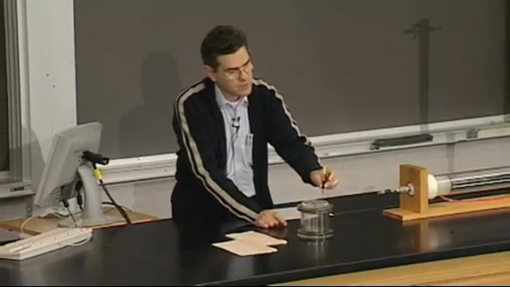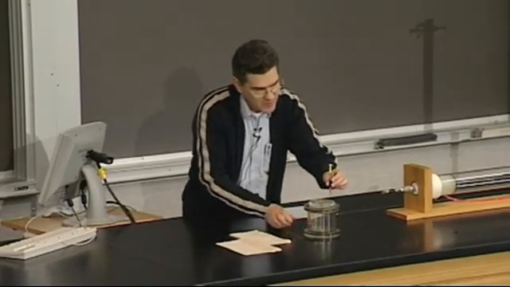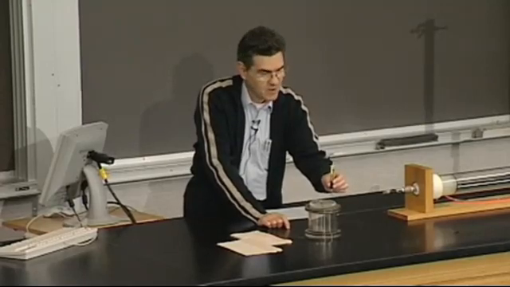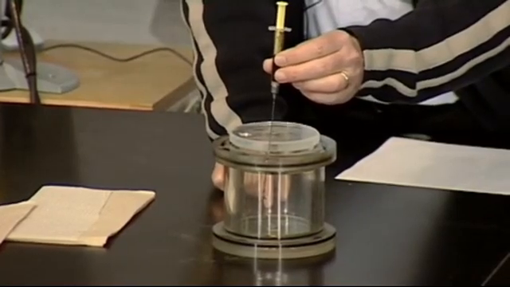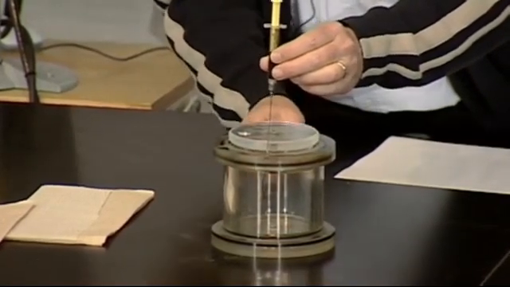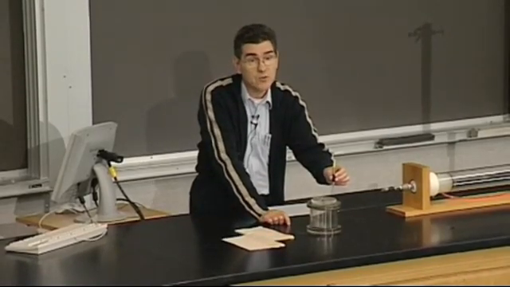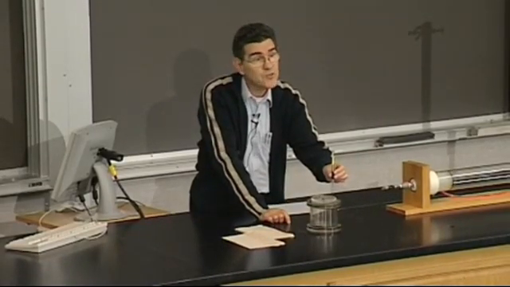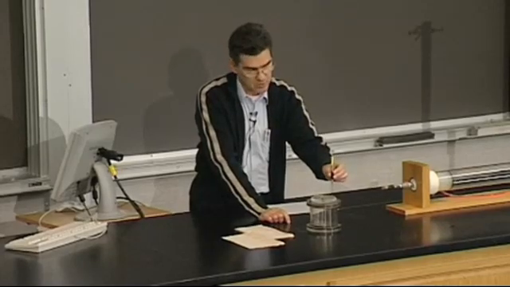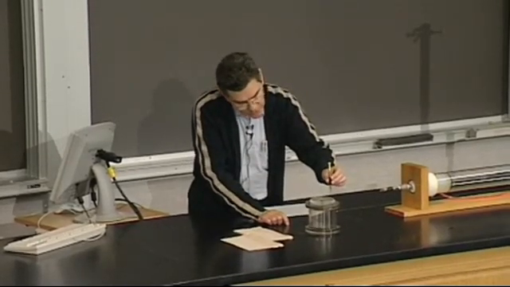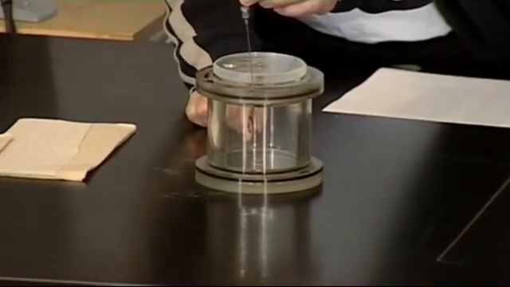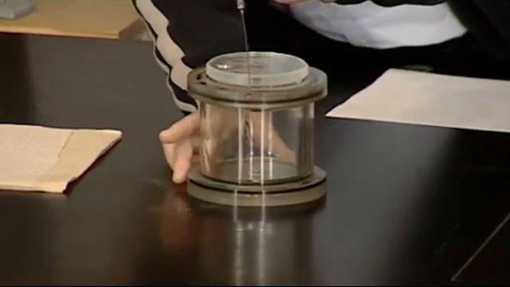I'm not a druggie, actually. This is a hypodermic filled with a dye. It's a dark blue aniline dye, and this is a piece of plastic. It's two concentric cylinders, and the space between the inside cylinder and the outside cylinder is filled with glycerin, which is very viscous.